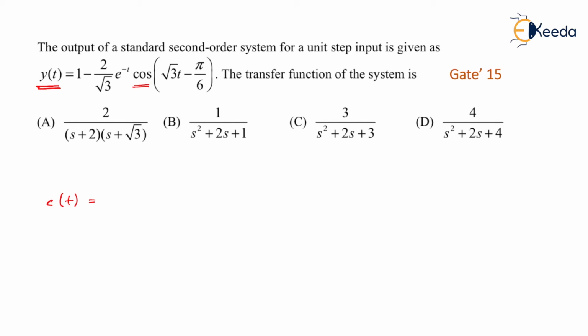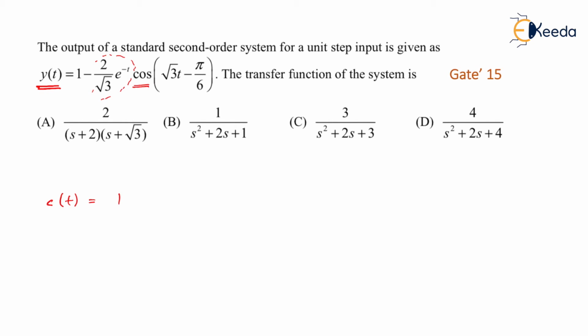So whenever you have either cos or sine, if you remember, you get this only in case of either underdamped or undamped. But if it is undamped, it is only sine or only cos without an exponential term. If it is along with some exponential term, then you should remember this is nothing but underdamped response. So let me write the standard expression for underdamped response.